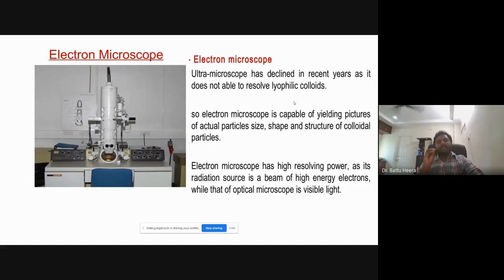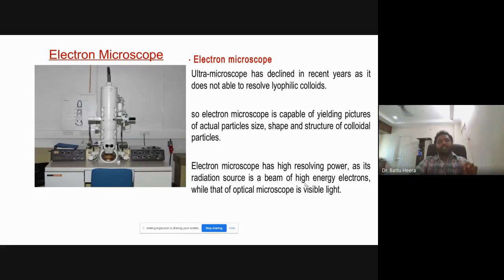Look, the ultra microscope has declined in recent years as it is not able to resolve lyophilic colloids. The electron microscope is capable of yielding pictures of actual particle size, shape, and structure of colloid particles. It has high resolving power, as its radiation source is a beam of high energy electrons, while that of the optical microscope is visible light.